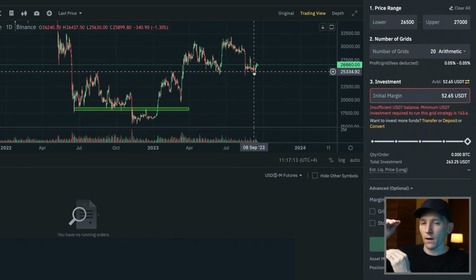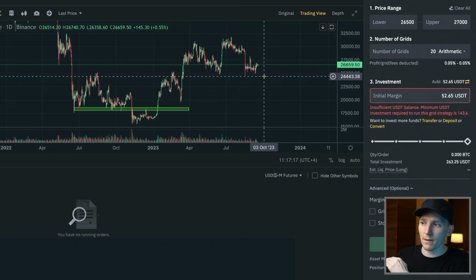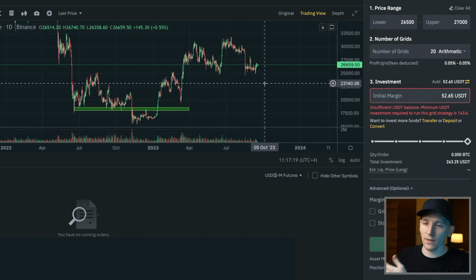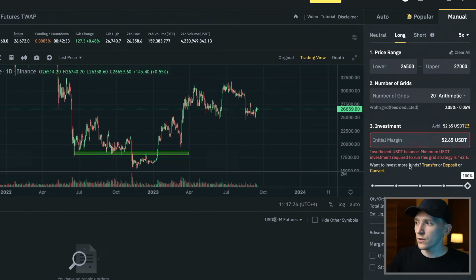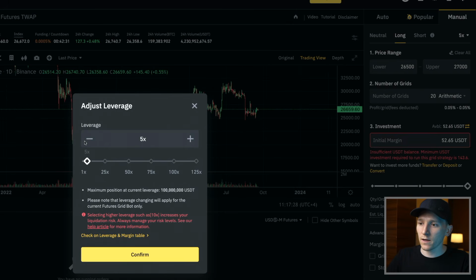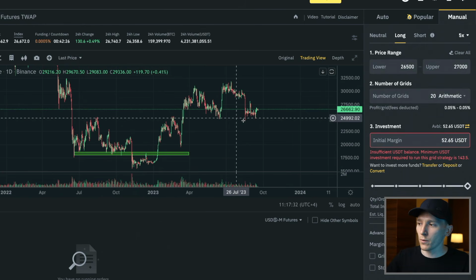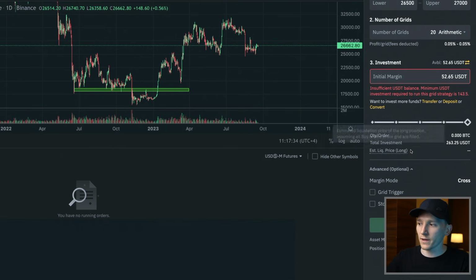You want a small amount of buffer between the lower bound, maybe if it moves a little bit down, and that should be your liquidation price under that. So just check the liquidation price and your upper and lower bound. You can change the leverage here, bring it lower, and that's going to move your liquidation price further away from where you're trading. That's the most important thing to not get liquidated.